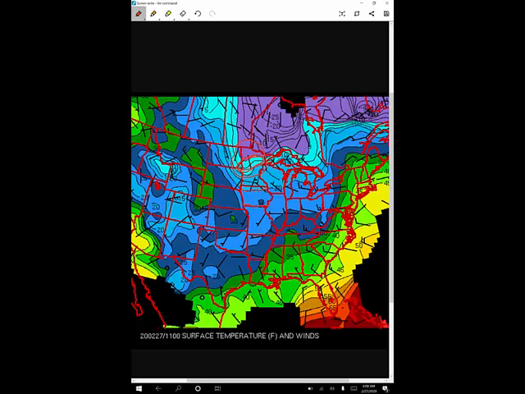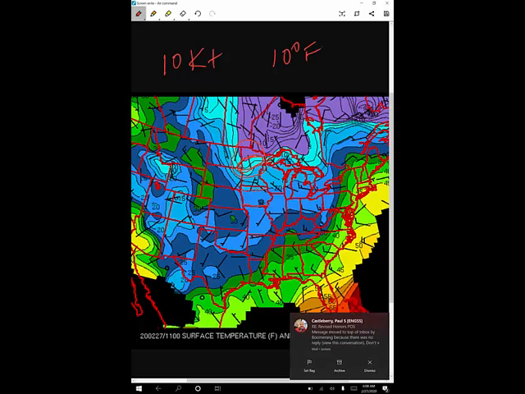And to have significant advection, you need at least a 10-knot wind speed and at least a temperature difference of 10 degrees Fahrenheit. Well, I have temperature changing rapidly, but I have weak winds. So really no advection occurring.